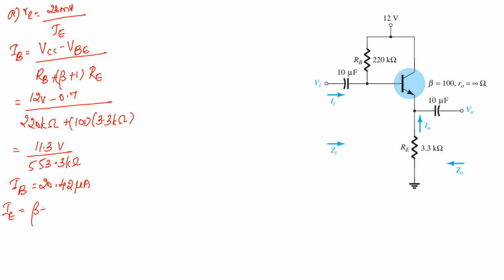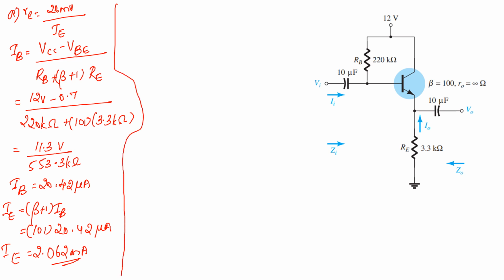Once you know your IB, you know IE is equal to beta plus 1 into IB, which is 101 into 20.42 microampere. So IE you will be getting as 2.062 milliampere. Once you have got IE, you have to find RE.